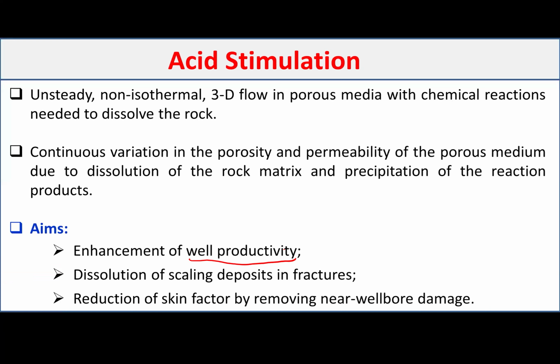The second, if we have scale, is dissolving all the scales that can happen in the wellbore or in the fracture connected to the reservoir. Mathematically, we are looking to reduce the skin factor, the S factor from the Darcy flow. As you reduce the skin factor, you get higher productivity, especially by removing it from the near wellbore area. This is a quick and simple definition of acid stimulation.